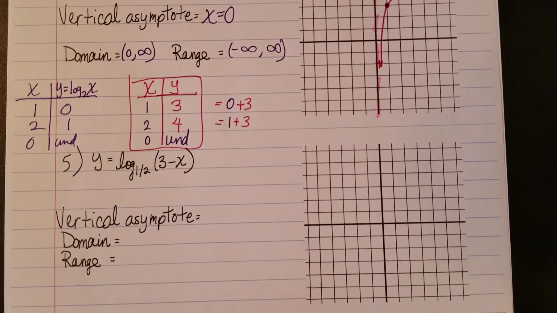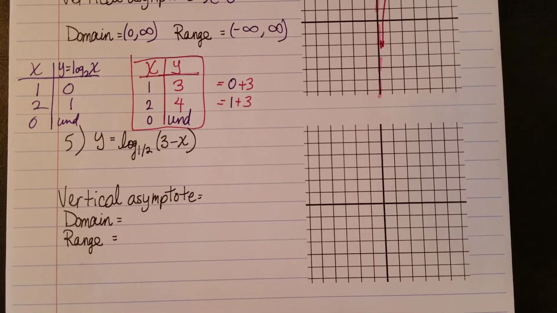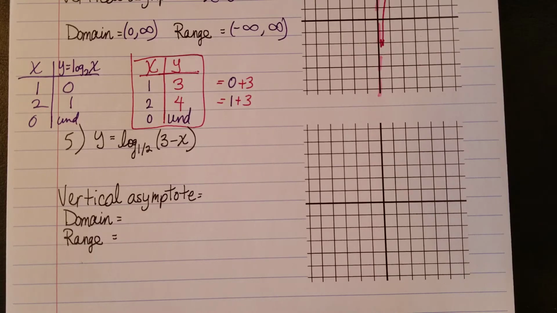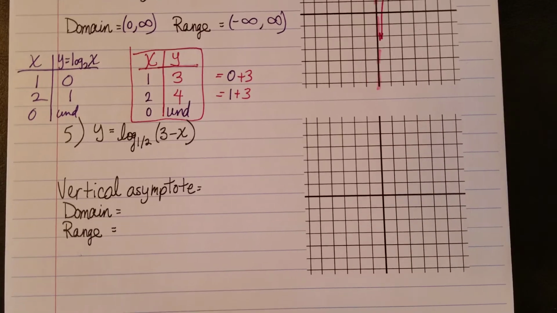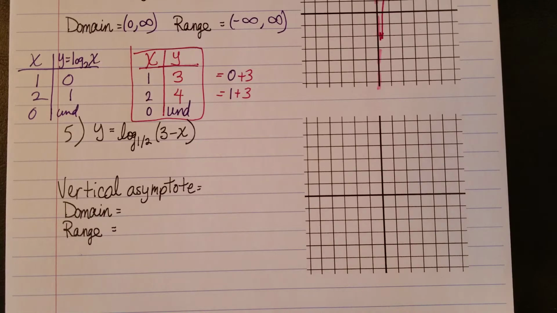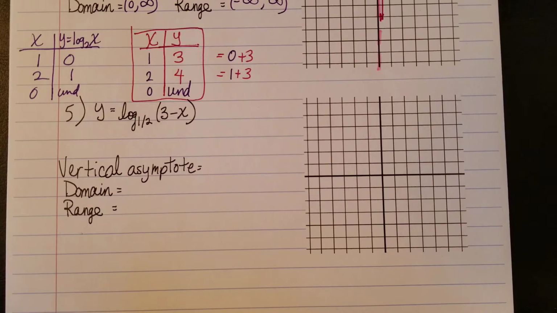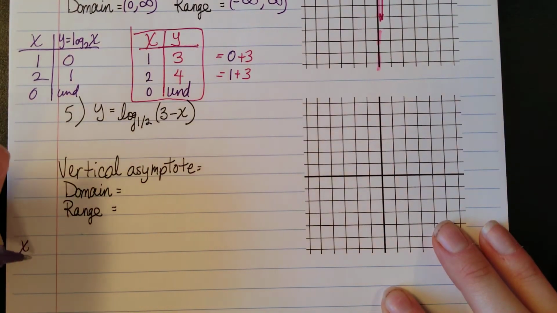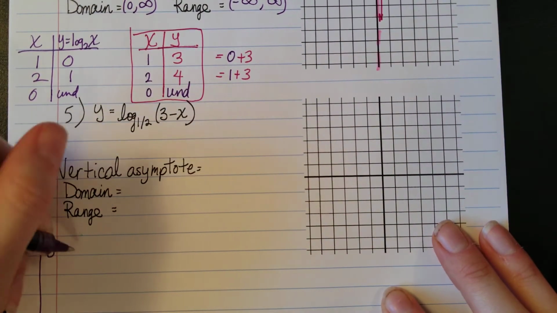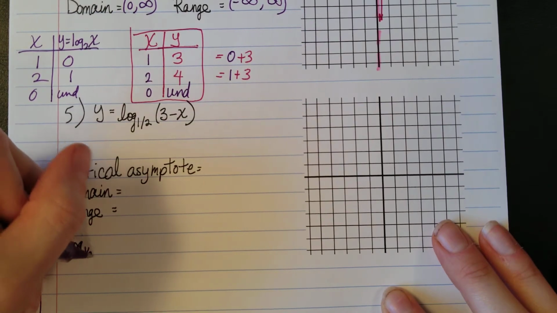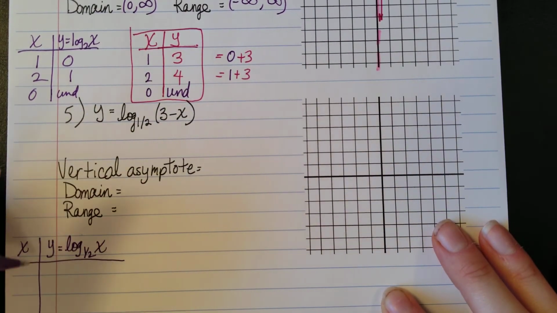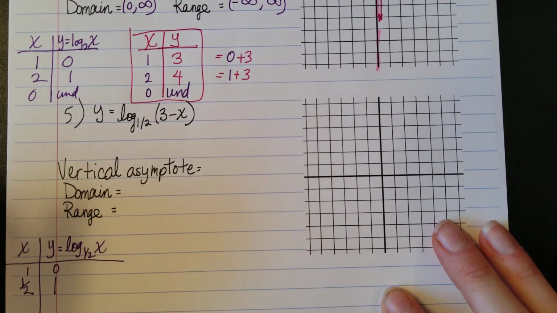Number 5. We have log base 1/2 of 3 minus x. For our parent function, let's say it's log base 1/2 of x. So we still have the 1, 0. Then this would be 1/2, 1.